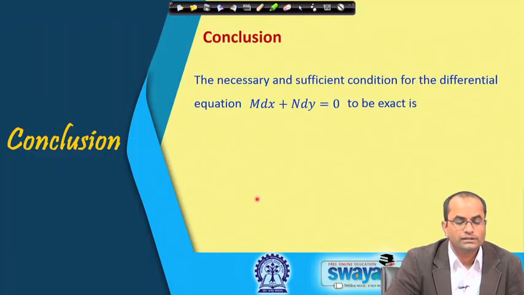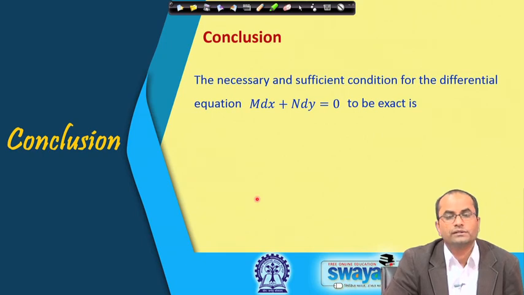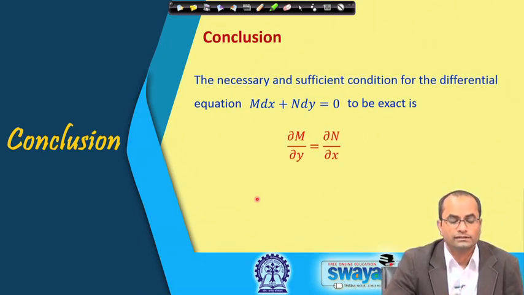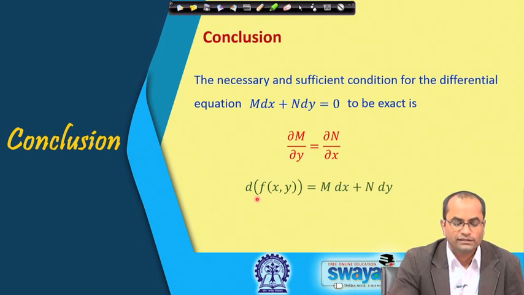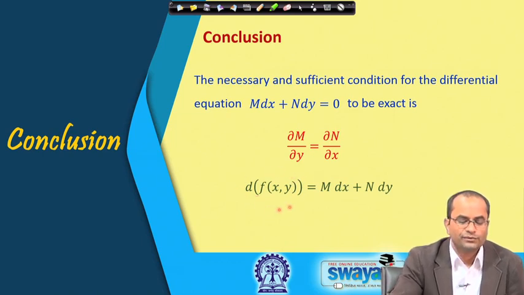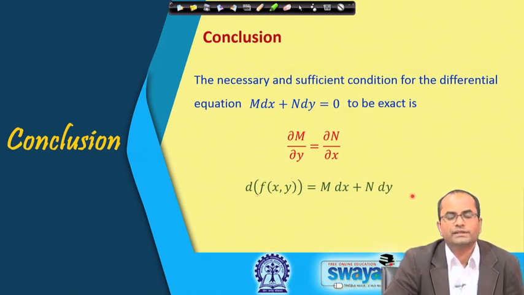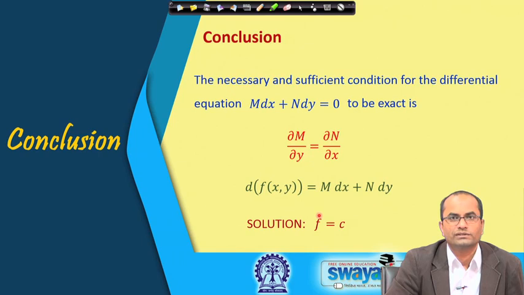So, the conclusion is that the necessary and sufficient condition for the differential equation to be exact is del M over del y equal to del N over del x, and once we know that the equation is exact, then we can find an f whose differential is M dx plus N dy, and then we can write down the solution as f equal to some constant.